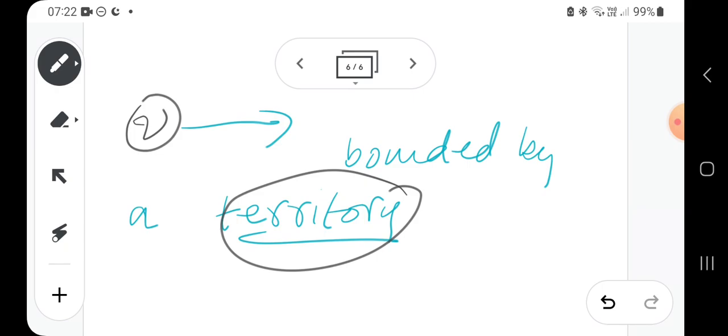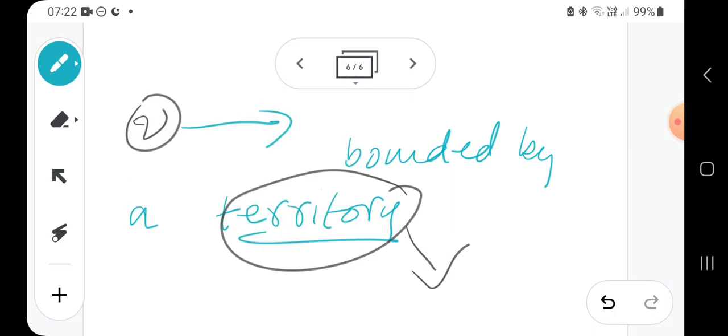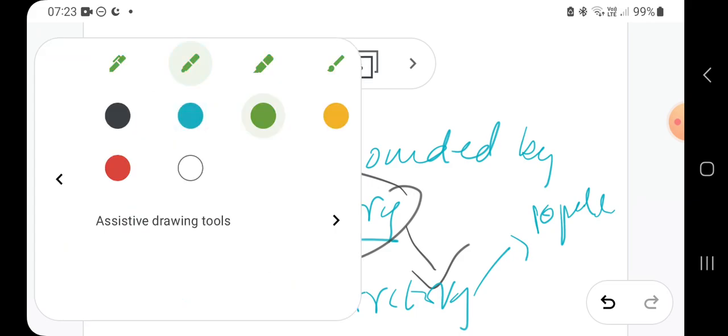So at least for modern state, territory is very important. So you can say that without territory, population related to it, there can't be any state.